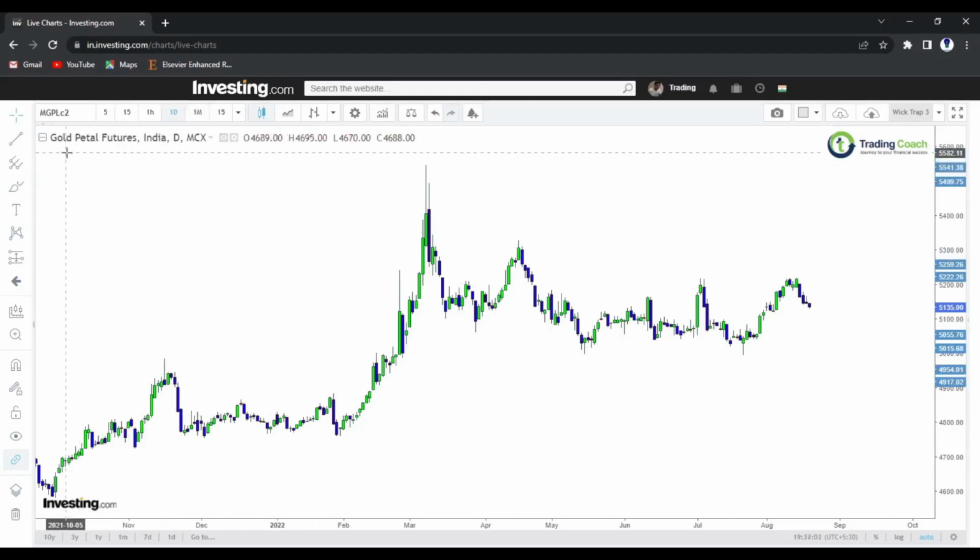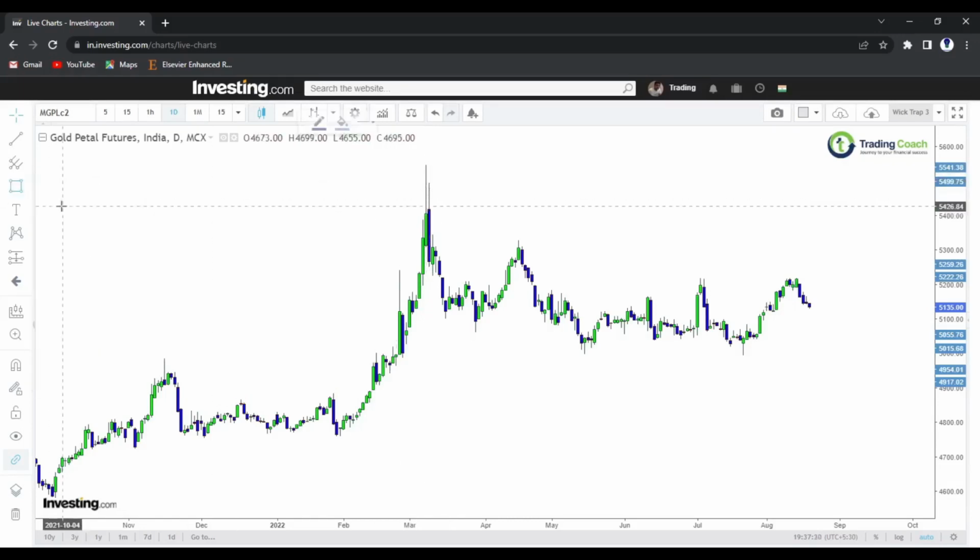Right now I'm looking at gold petal futures on the 1 day time frame. If you look at the chart, you can see a nice wick exactly at this particular point, right? We have a large wick over here, and we also have another large wick right after this.